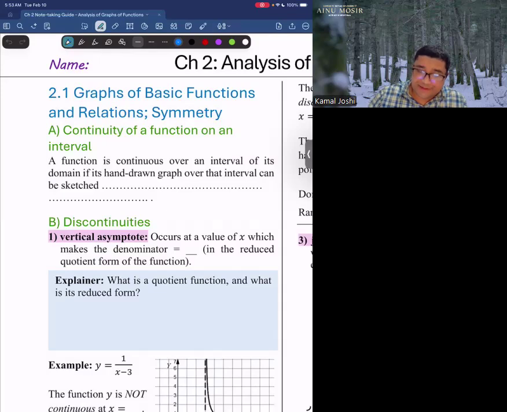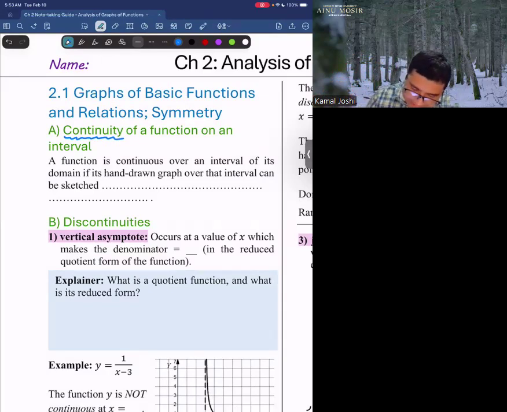subtopic, continuity. Continuity in graphs is literally what it means. If the graph is continuous, it means you can draw it continuously. You can sketch it continuously. There is no break, there is no jump, there is no gap of any kind, continuous, right?